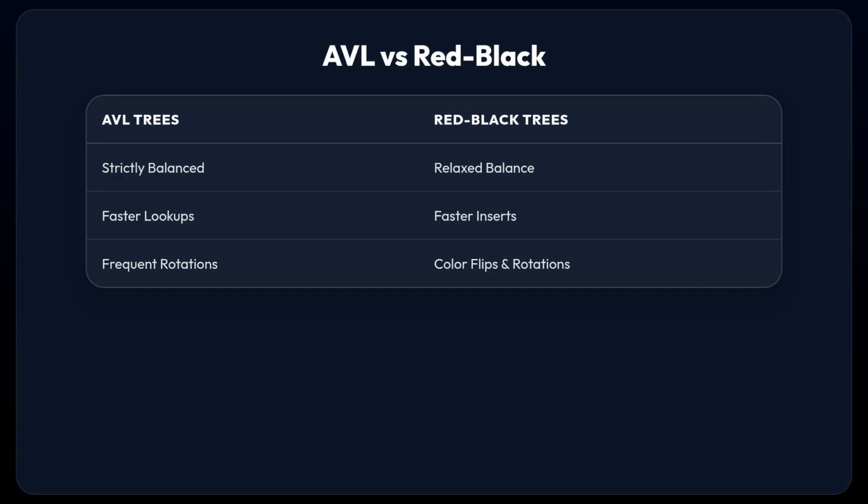They keep the height minimal, making them perfect for databases that are read often. Red-black trees are more relaxed. While they also use rotations to maintain structure, they primarily rely on computationally cheap color flips to fix imbalances, reserving complex rotations for specific cases. This makes red-black trees faster for general-purpose writing.